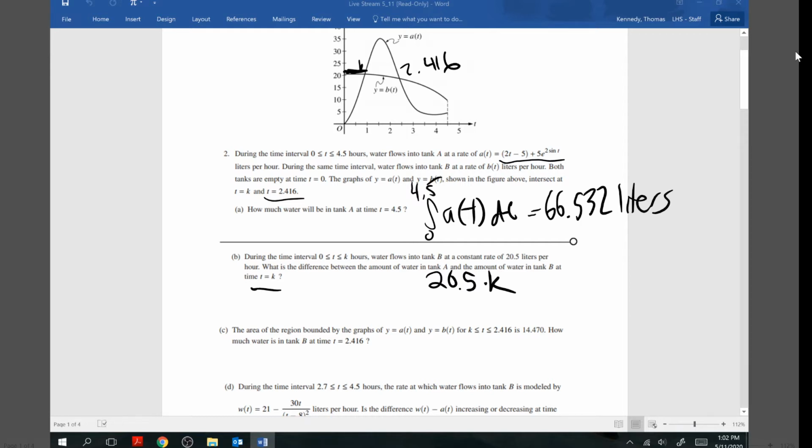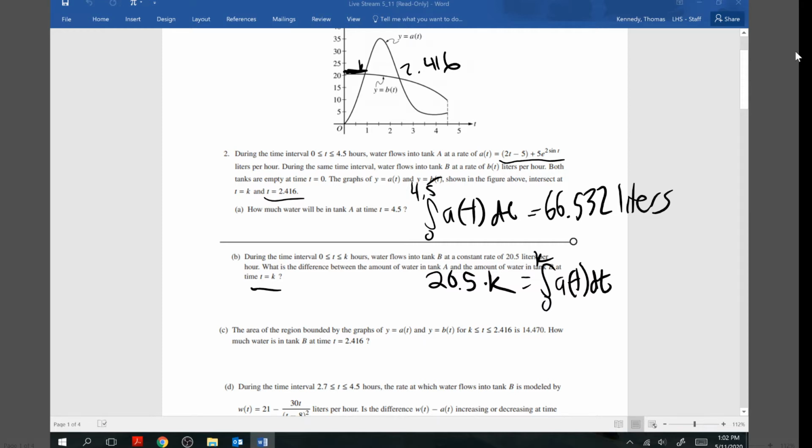The amount of water that flows into A is the integral from 0 to K of A of t dt. And so really we just got to figure out where these two pieces align here. So where their values are equal. And that's the play.